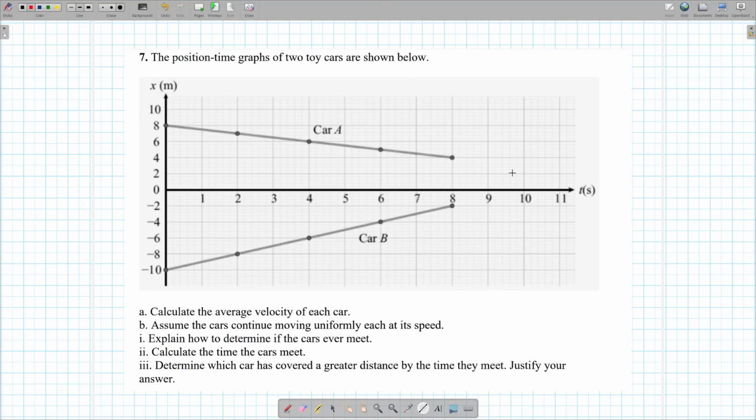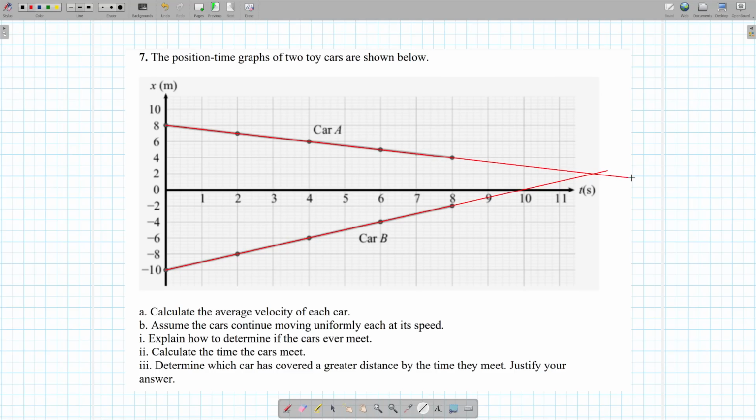So over here, let's extend this line. Obviously they do meet, right?